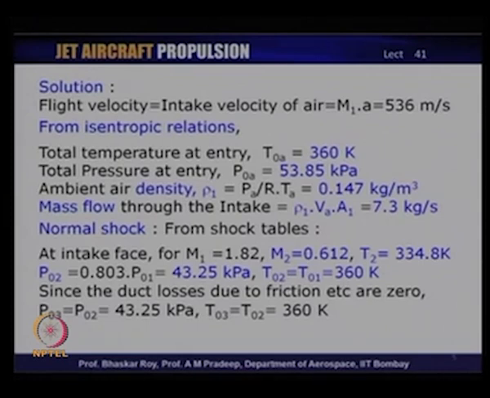Now, if you enter the intake, it was prescribed that you have a normal shock standing in front of the intake face. So, the flow has to go through the normal shock to enter the intake, and so at the intake face for a Mach number of 1.82, the corresponding Mach number behind the shock would be 0.612, and the corresponding temperature T2 would be 334.8 K. P02 across the normal shock would be 0.803 times P01.